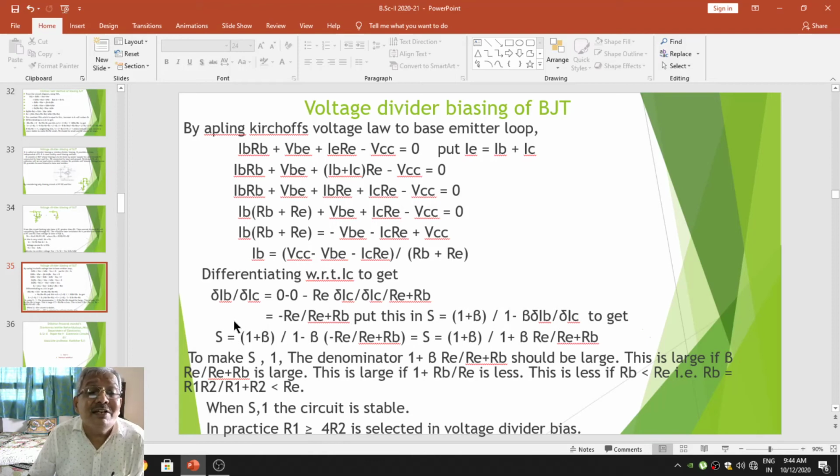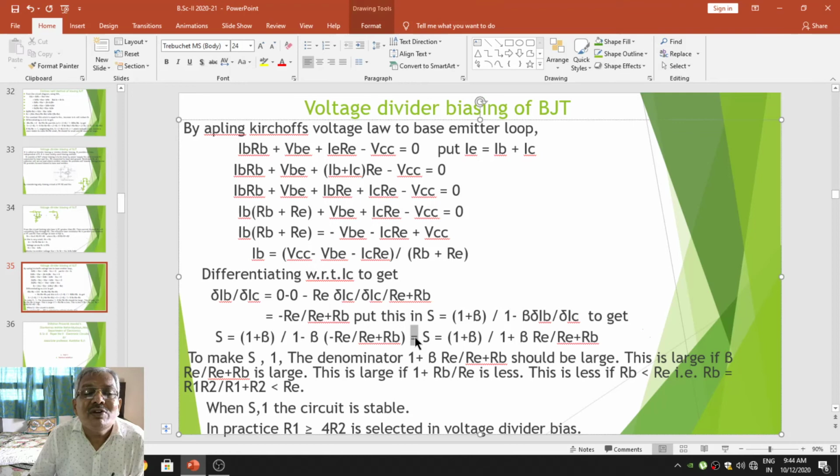Thus the stability factor becomes S is equal to 1 plus beta upon 1 minus beta into minus RE upon RE plus RB, which can be written as S is equal to 1 plus beta upon 1 plus beta into RE upon RE plus RB, by replacing the negative sign with a positive sign.